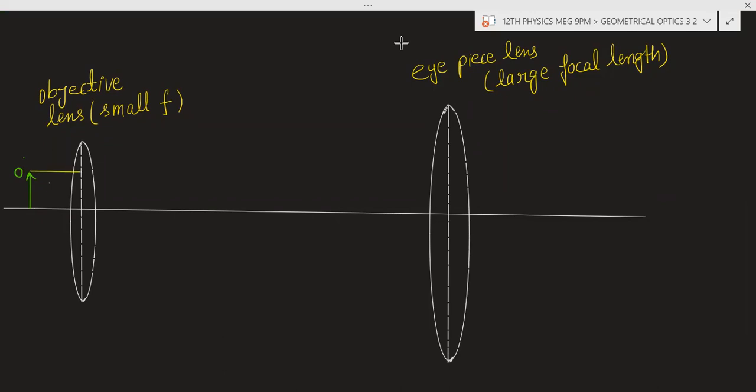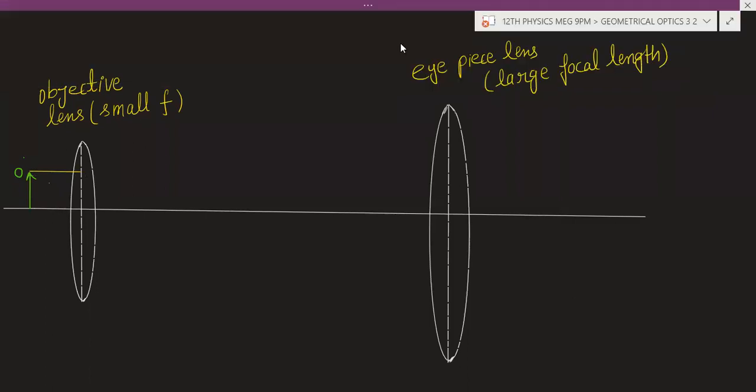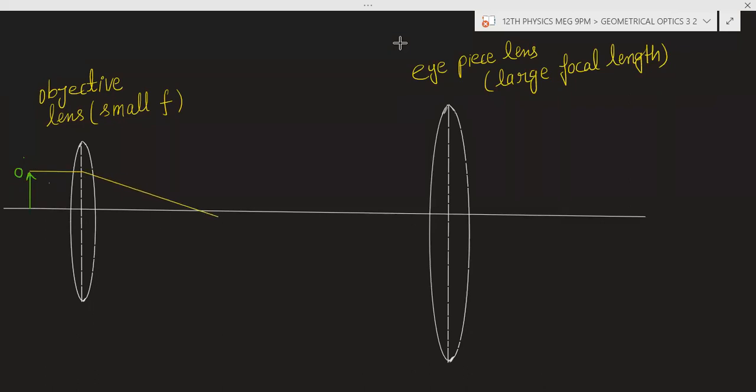The first ray is parallel to the principal axis. It will pass through the focus of the lens, like this.